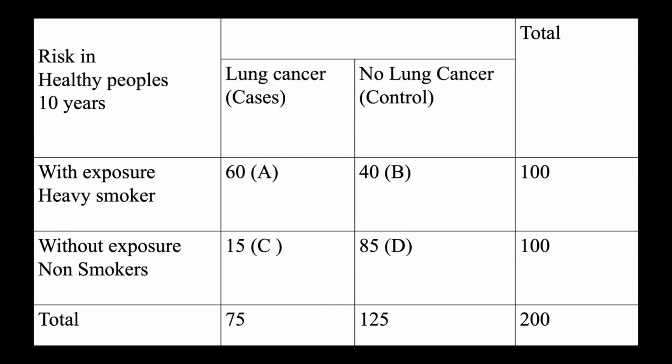Without exposure, non-smokers, 15 developed lung cancer and 85 did not. That's 100. On this side, the calculation: lung cancer was 75, and no lung cancer, there is 125. Can anybody calculate the relative risk?